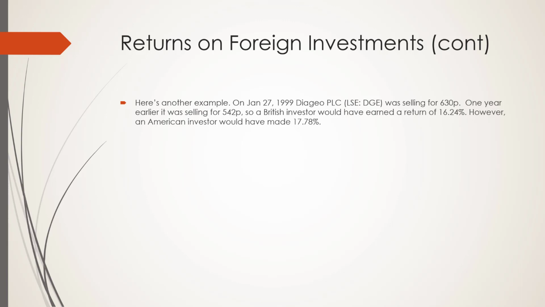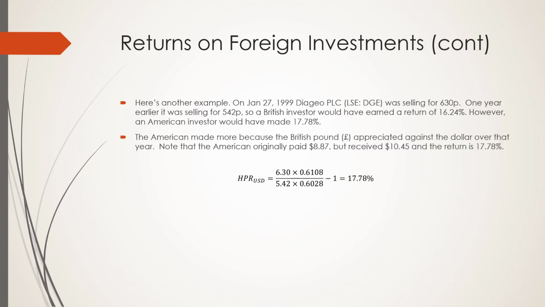So a British investor would have made a return of 16.24%. However, an American investor in this case would have made 17.78% because the British pound increased against the dollar. And here's our little formula, and it shows that the American would have made 17.78%.